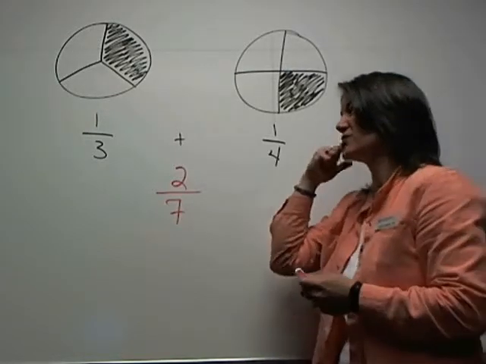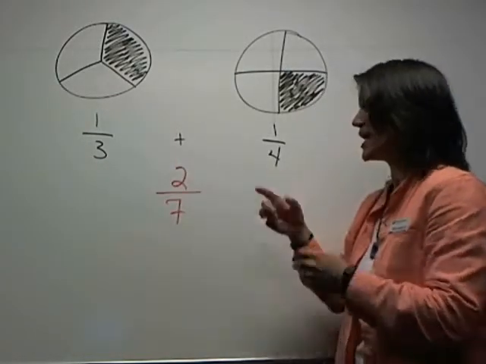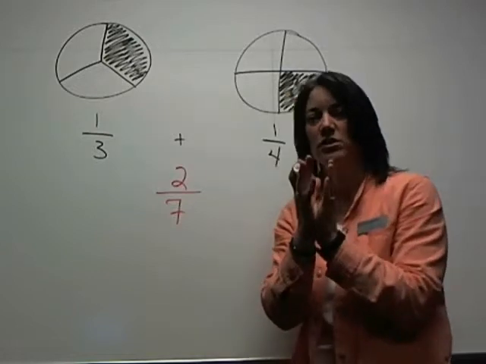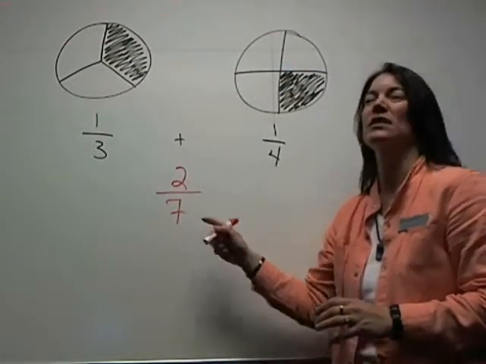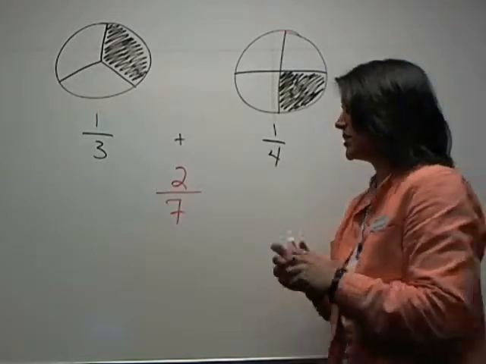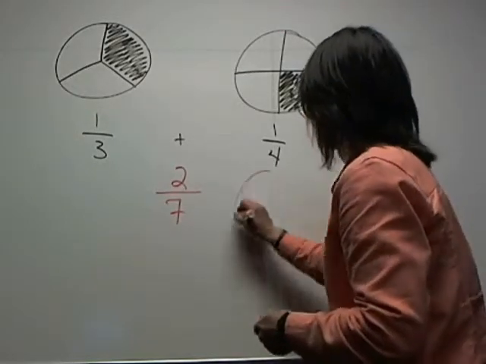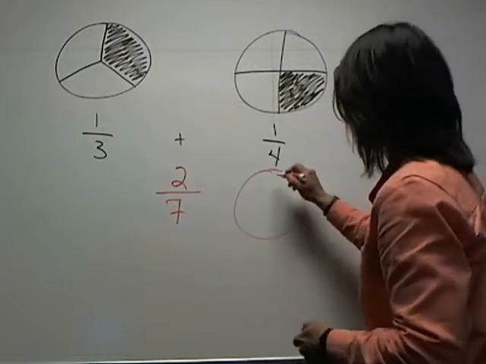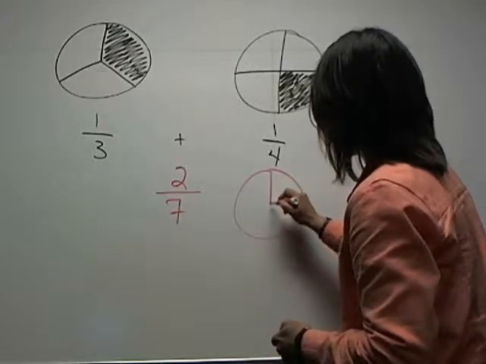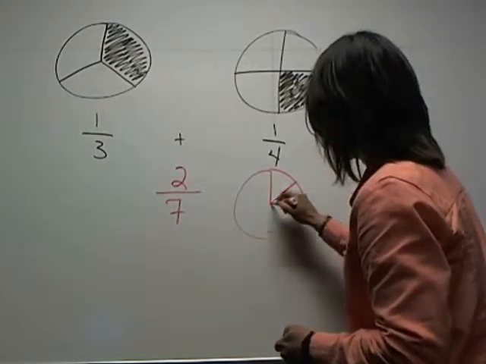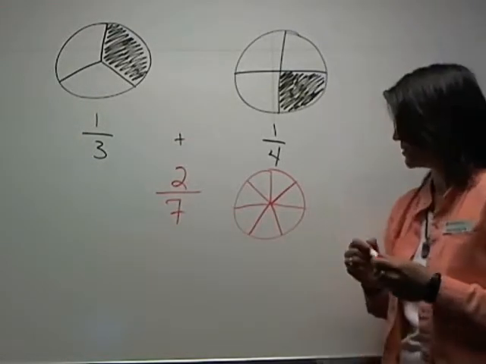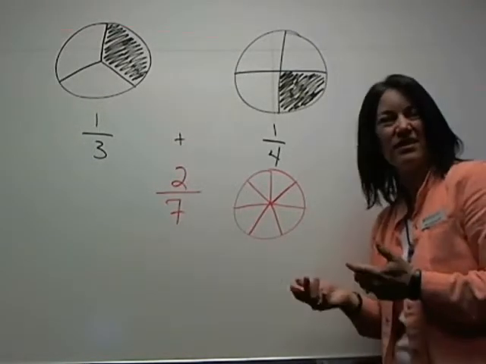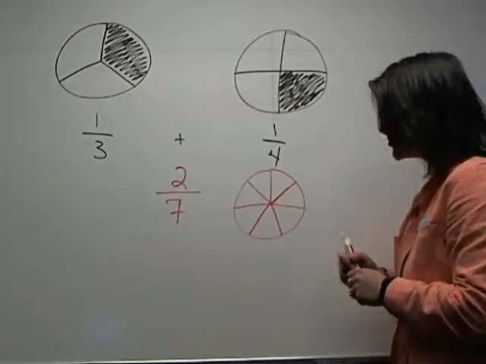Now, it just made sense to us that the more pieces we have, the smaller our portion. So this is saying I would end up having 2 parts out of 7. Now think about a circle being cut into sevenths. I don't know what sevenths is. Let's see here. 1, 2, 3, 4, 5, 6, 7. So it's going to look something like that, give or take. And now I only have 2 parts of that.